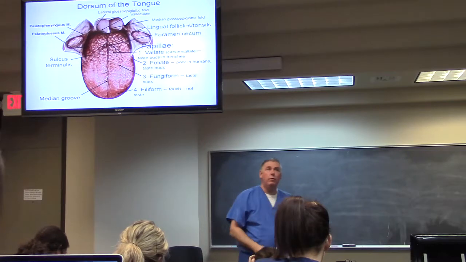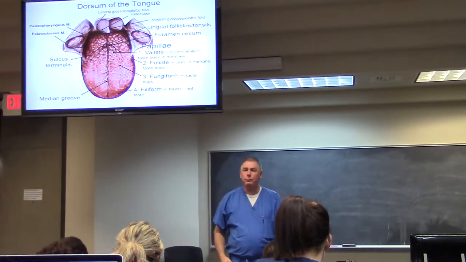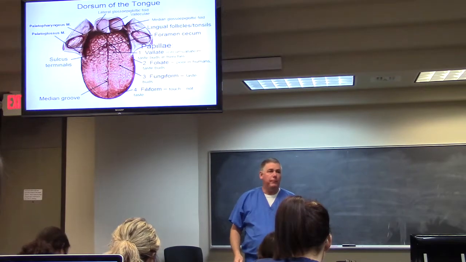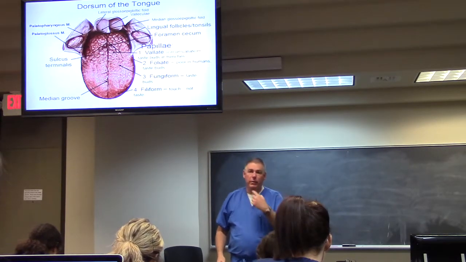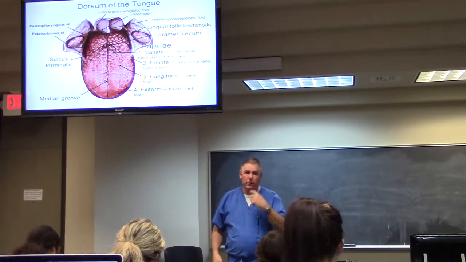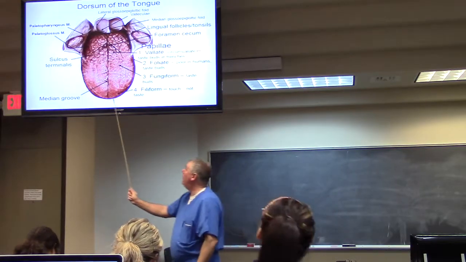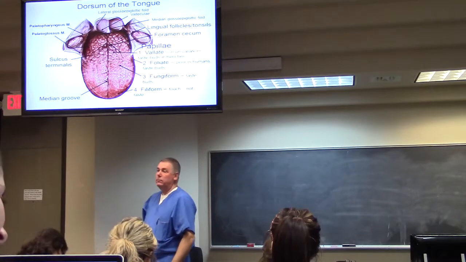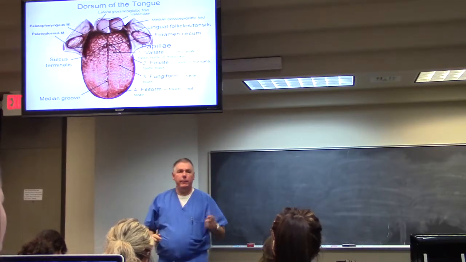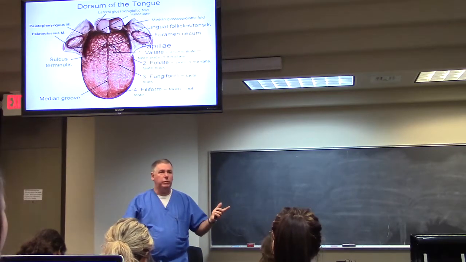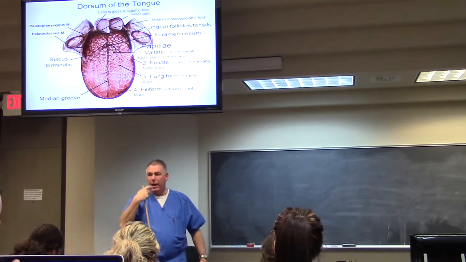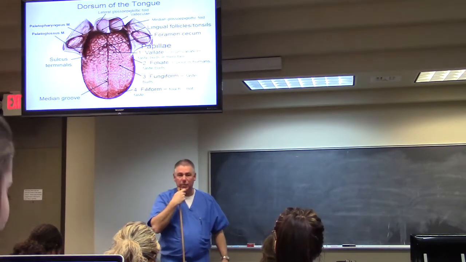There's a median groove in the midline where some freaky people will go and have their tongue cut right here. In a non-surgical way, they go to the tattoo place, the piercing shop, and have their tongue sliced in the middle.